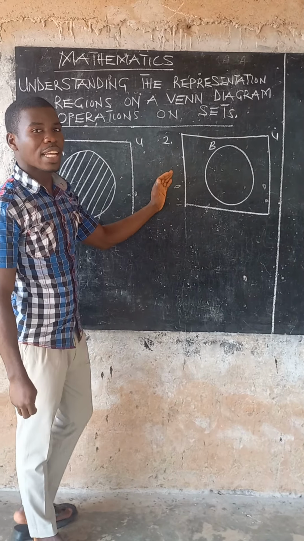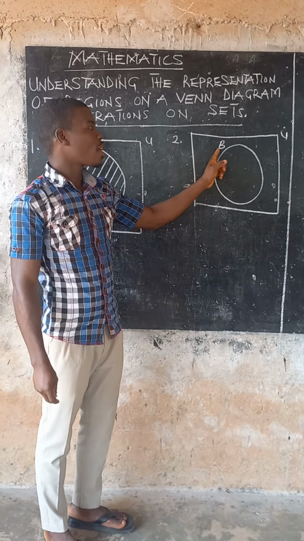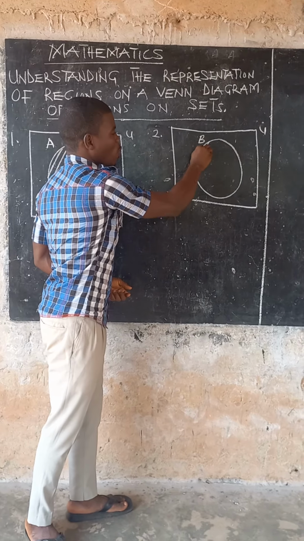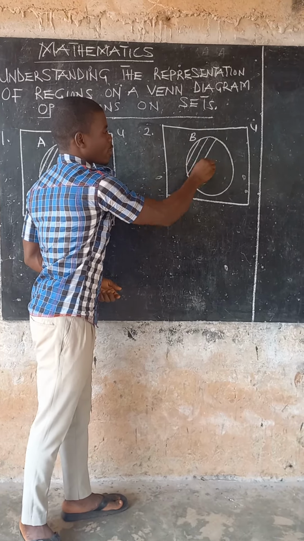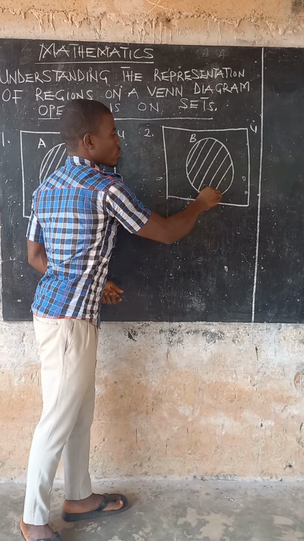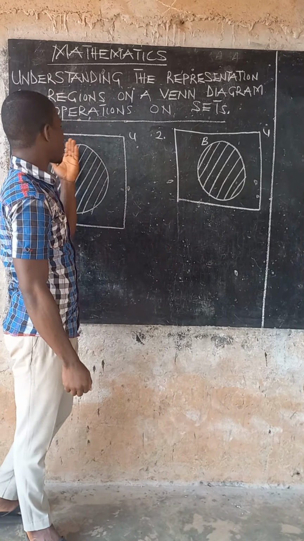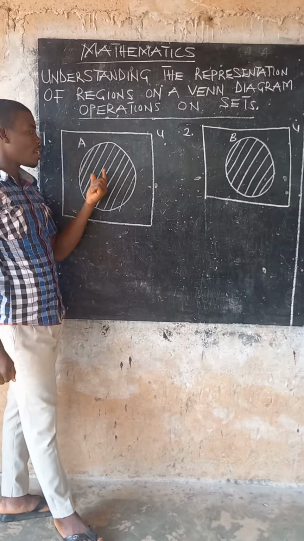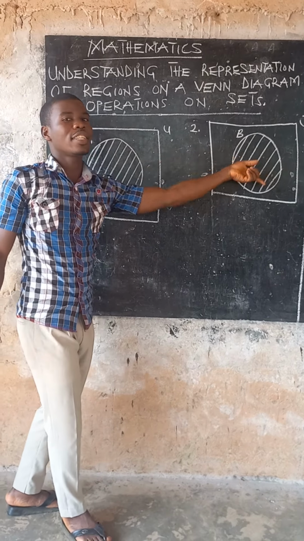This one too is region B. So you are asked to find this place. So this is region A and this is region B.